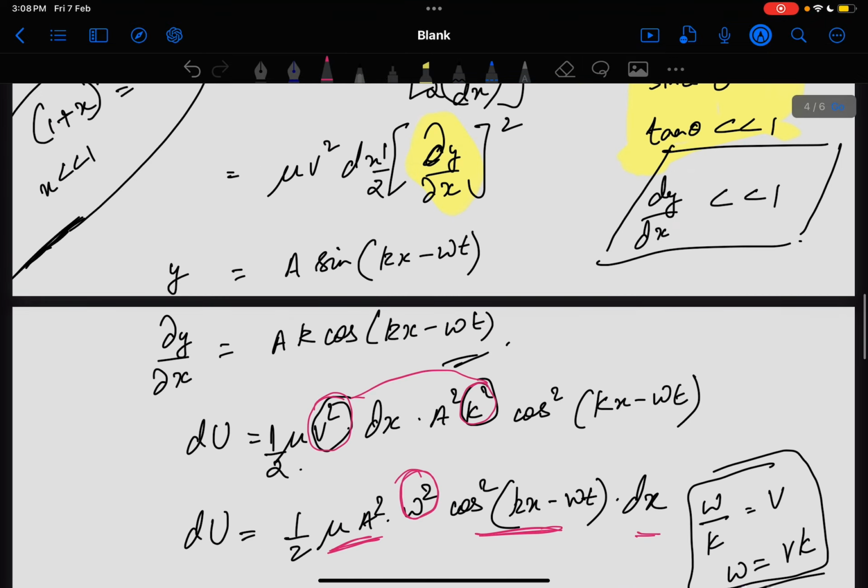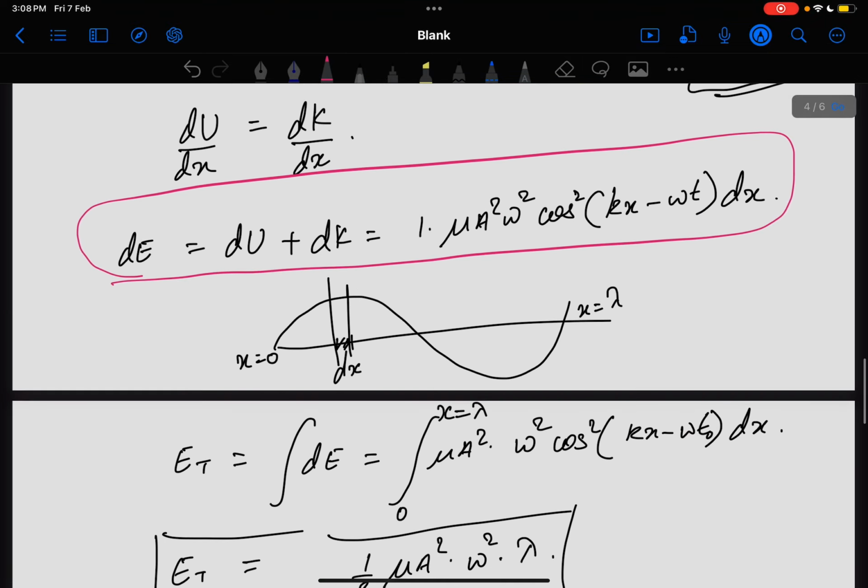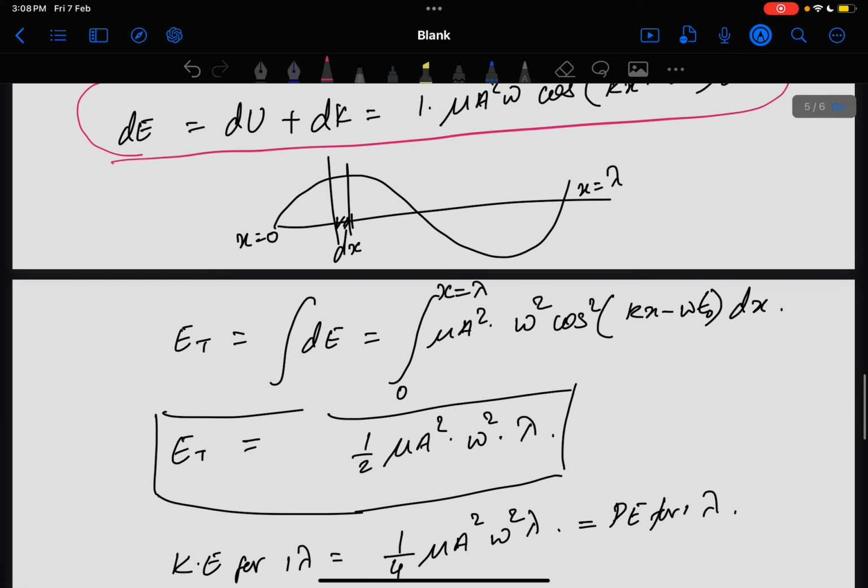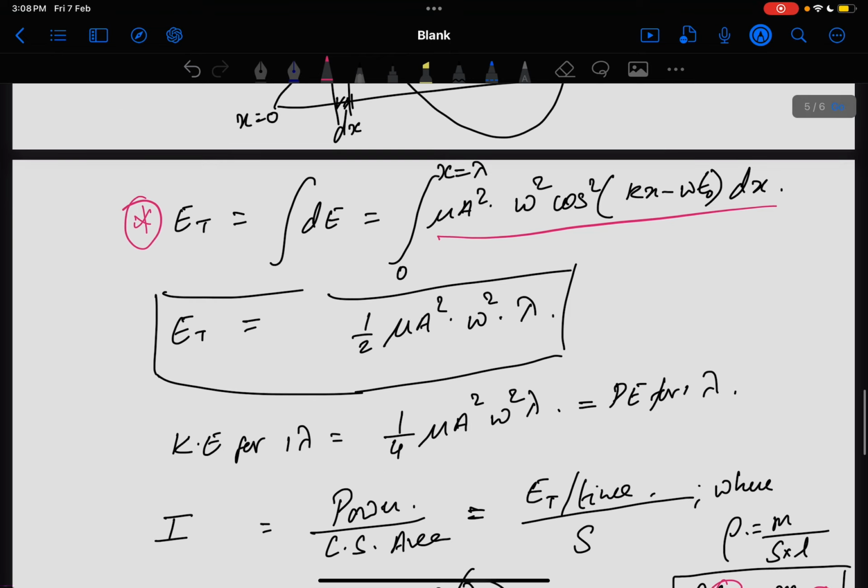What is the total energy of one wavelength? That we want to find now. To find out the total energy, we will simply do integration over a wavelength. So therefore, integral of dE, integrate this term from 0 to lambda. That's all. You get this particular expression over here, right?